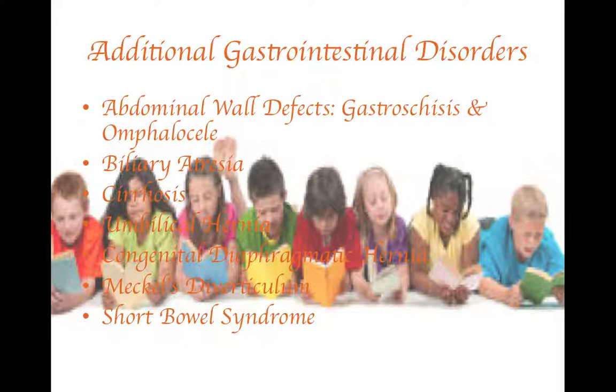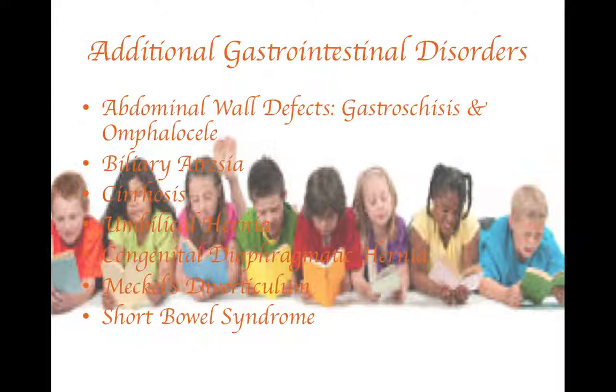Now looking at biliary atresia. This is characterized by a congenital absence or obstruction of the bile ducts outside the liver, thus preventing flow of bile from the liver to the intestines. There is no known cure for this disease. The newborn with biliary atresia is asymptomatic at birth. However, between 2 weeks and 2 months of age, jaundice appears. The infant's urine is tea-colored because of the excretion of bilirubin and bile salts.